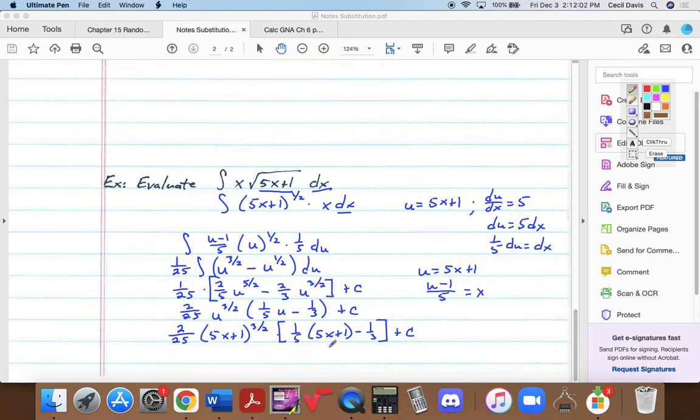And if they're feeling especially perverse, they'll go ahead and distribute the 1/5 and collect like terms. So that's going to be x times 1/5 minus 1/3, which is negative 2/15.